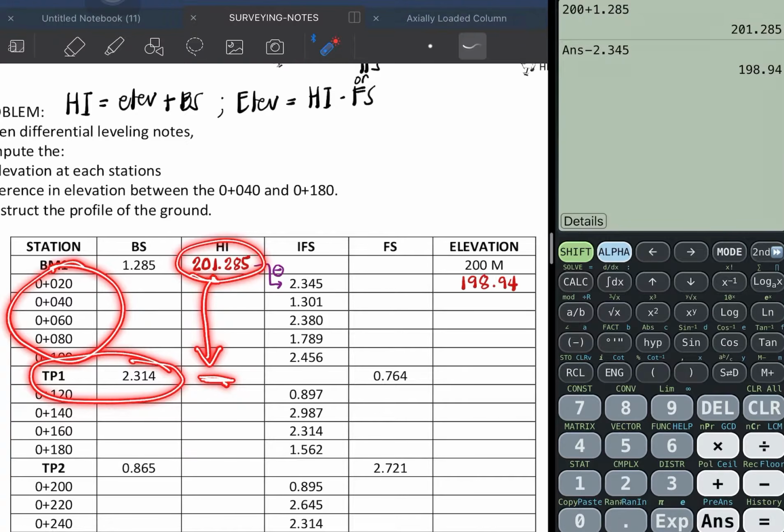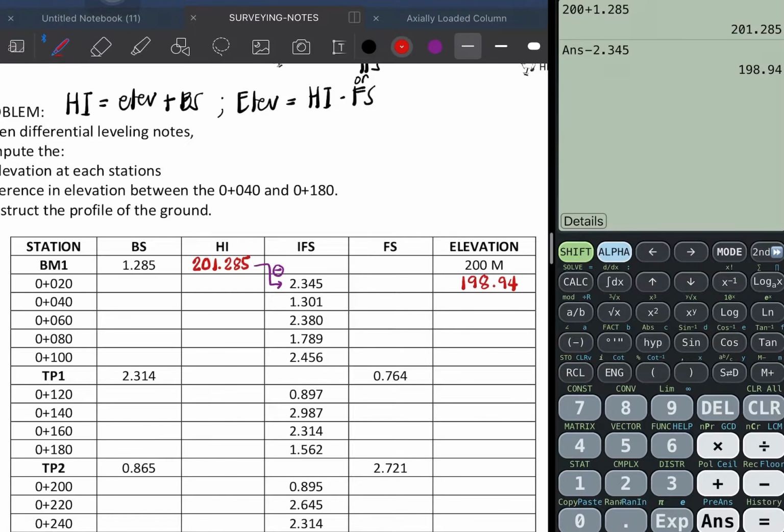So the elevation of the next one is 201.285 minus 1.301, that is 199.984.